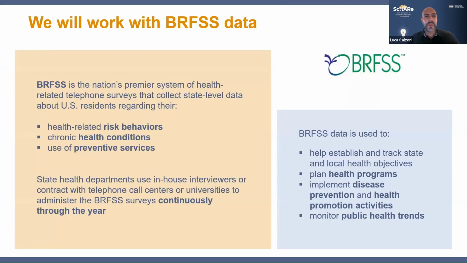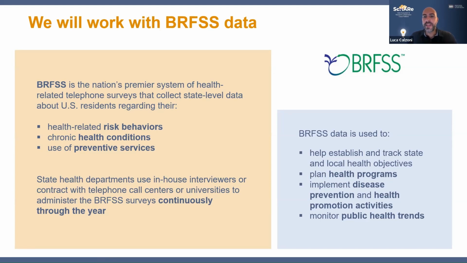And we will work with BRFSS data. I already introduced this data set earlier, and it collects state-level data about US residents regarding several aspects: health-related risk behaviors, chronic health conditions, and use of preventive services. It's mostly based on telephone surveys.